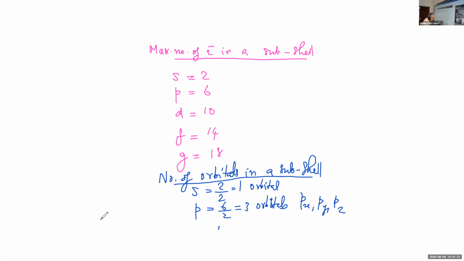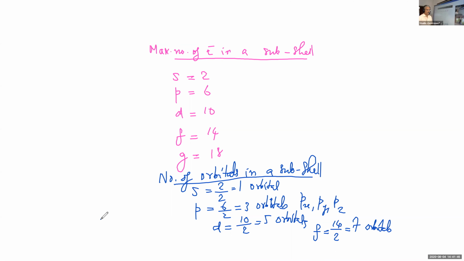It is getting time. So D, maximum 10 by 2 is equal to 5. 5 orbitals are possible. The details we can see the next day. Similarly, you come to the F level, maximum 14 by 2 is equal to 7 orbitals are possible.